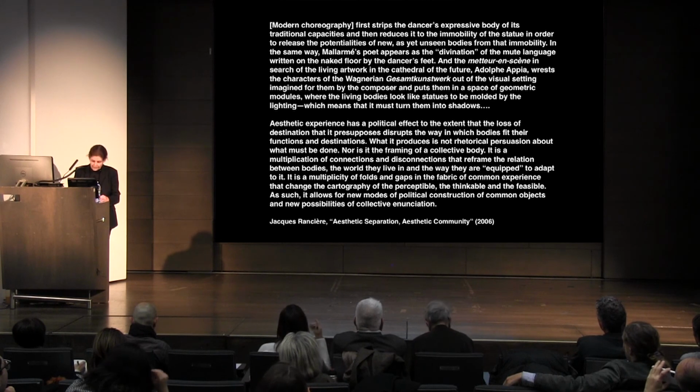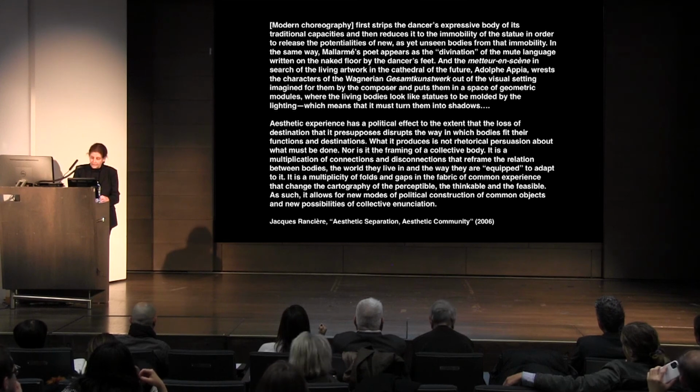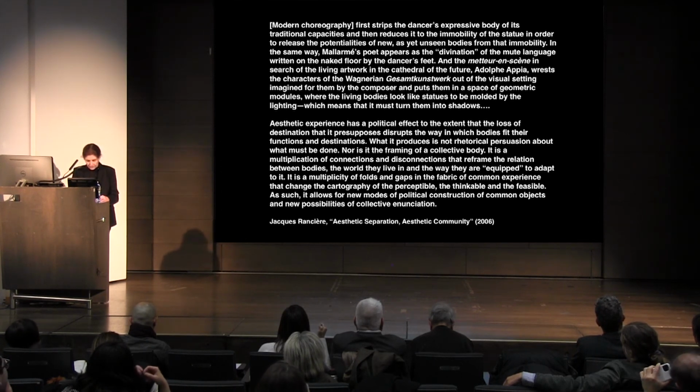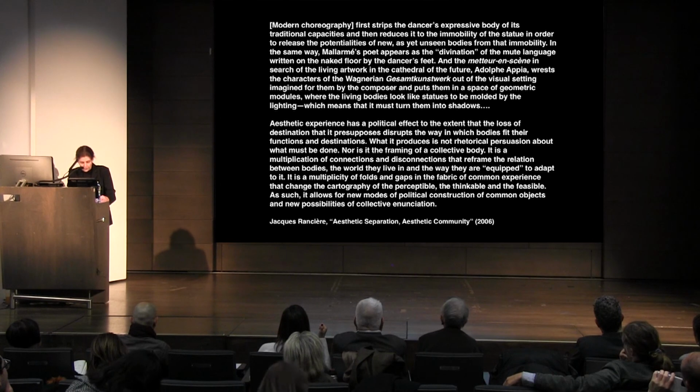Aesthetic experience has a political effect to the extent that the loss of destination that it presupposes disrupts the way in which bodies fit their functions and destinations. What it produces is not rhetorical persuasion about what must be done, nor is it the framing of a collective body. It's a multiplication of connections and disconnections that reframe the relation between bodies, the world they live in, and the way they're equipped to adapt to it.